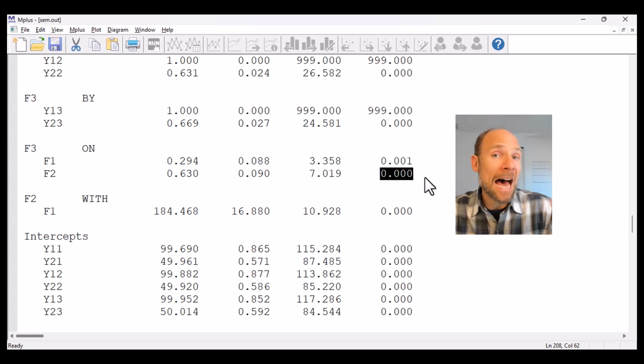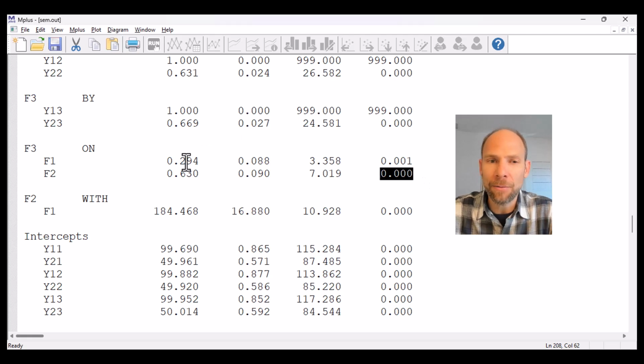Notice that these are unstandardized partial regression coefficients, so here you can't really tell which effect is larger because we don't really know the metric of these factors. So if you want to compare the strength of association, then you would look at the standardized coefficients, which we will see in a little bit.